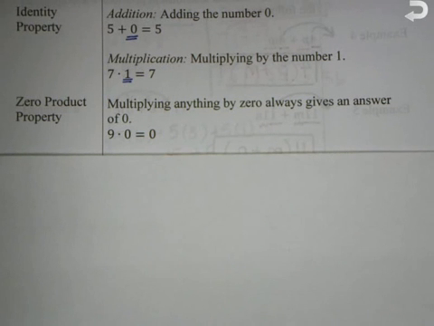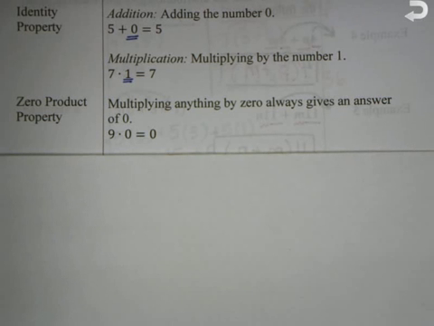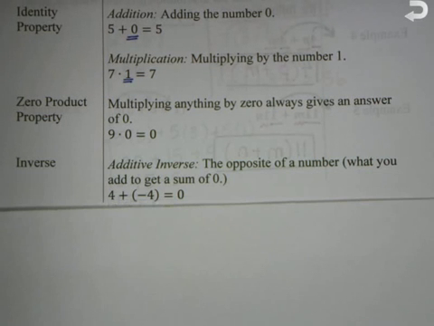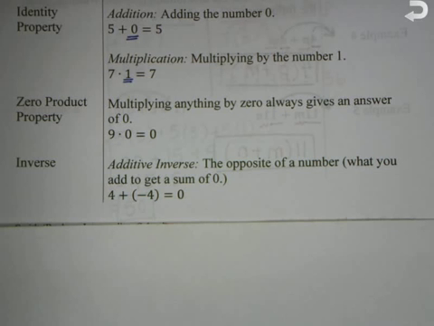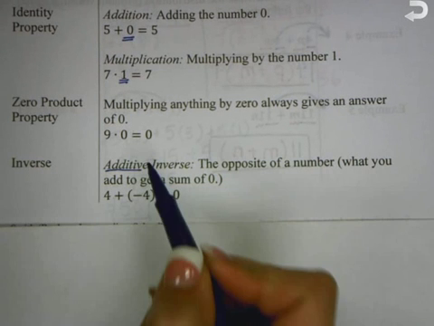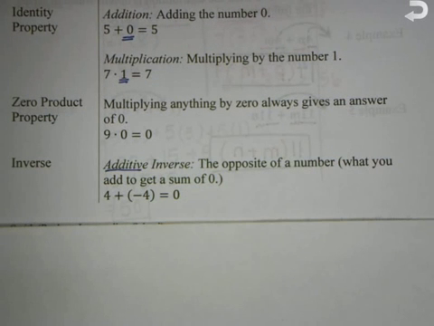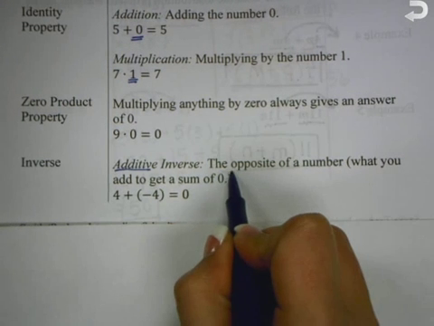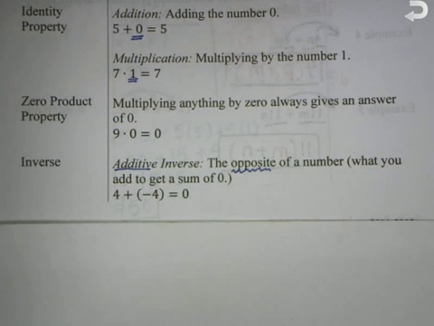All right. Last one, we have what are called inverses. Now the additive inverse has to do with, what do you think? Addition. Okay, and we've actually already learned this when we were learning how to solve equations. The additive inverse is also called the opposite of a number. That means when we add those two numbers together, we get 0.